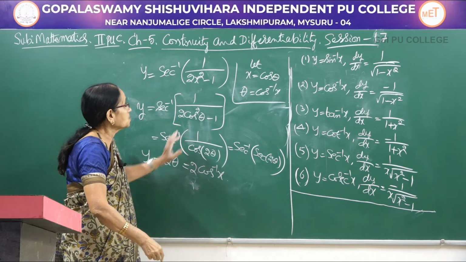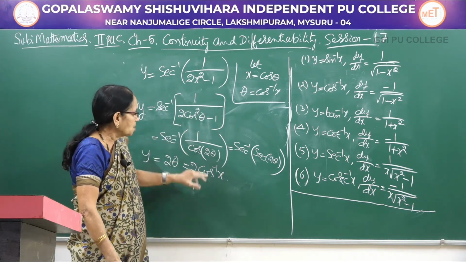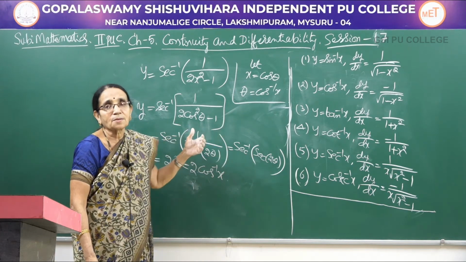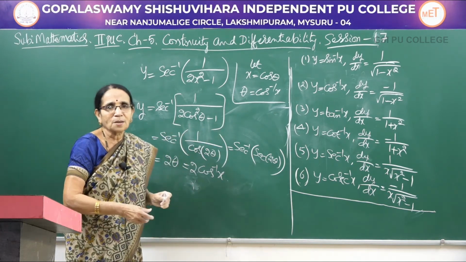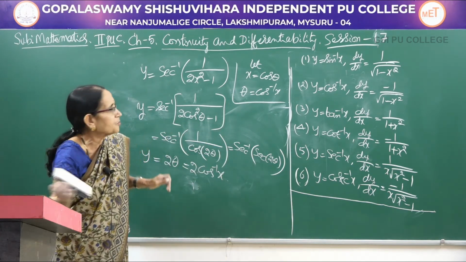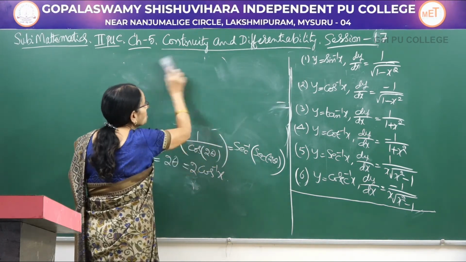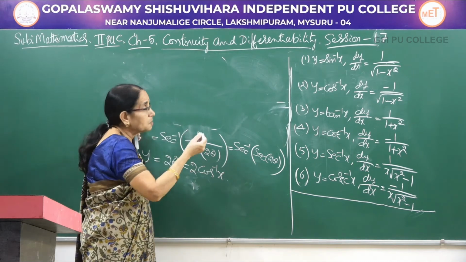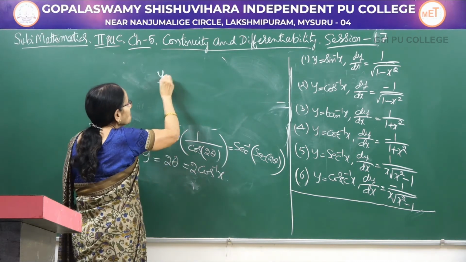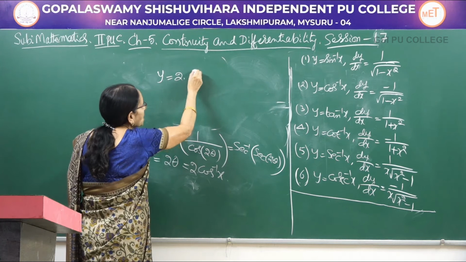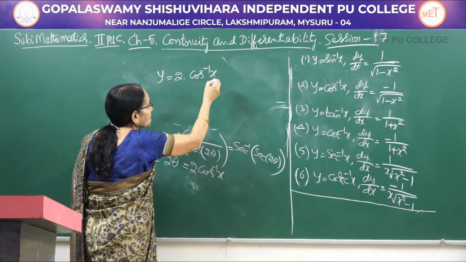Look here. It was not a simple function, it was composite. Look here, cos inverse x is the basic inverse trigonometric function. Now that is the function we are having. We don't have secant inverse of 1 by 2x square minus 1. The function now is 2 times cos inverse of x.